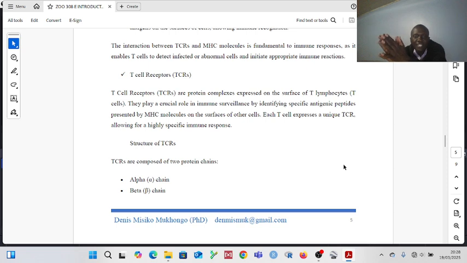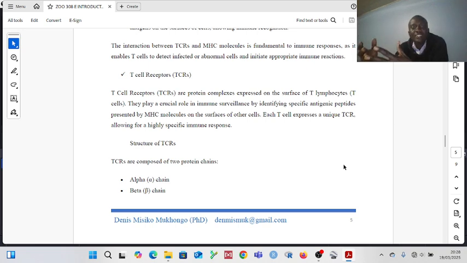So if there was, for example, an infection, a pathogen inside that cell, then the proteins of that pathogen are the ones that will be picked by the MHC and presented on the surface of that cell. Then the T cells will recognize those peptides on the surface of the cell which have been presented by the MHC as foreign.